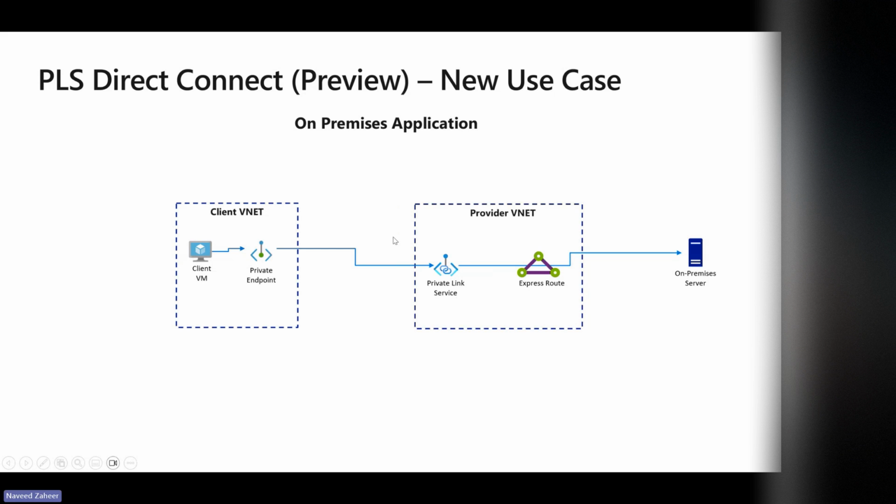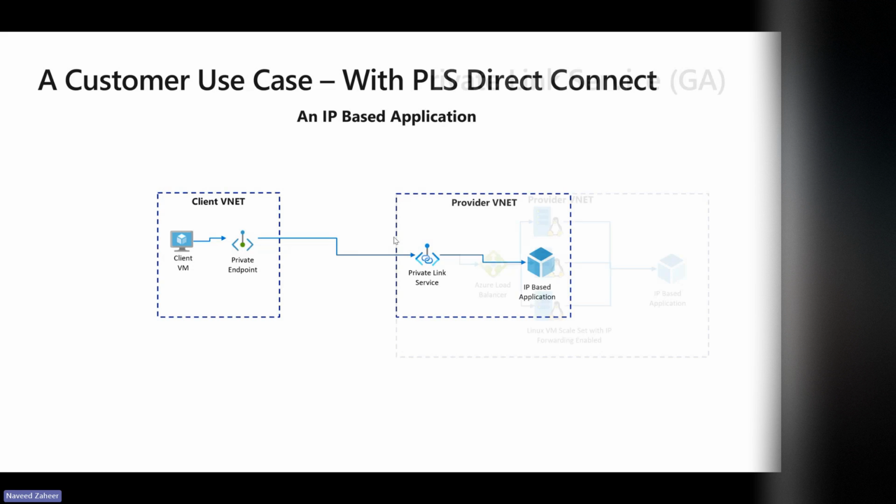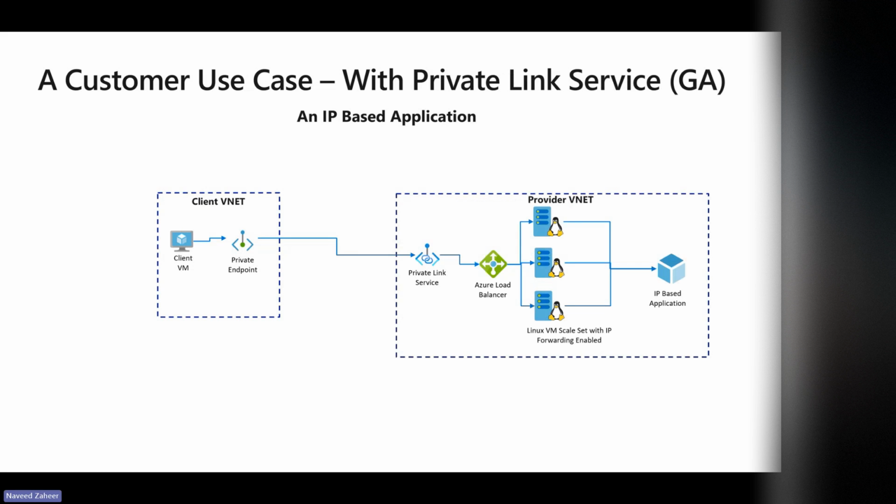Okay, so that's that. And I want to talk about a practical scenario. This was a scenario with a customer where we have an IP-based application. Prior to PLS Direct Connect, the way we exposed that application over a PLS is we created a VM scale set with a load balancer. It's a Linux VM scale set where the only thing the VMs are doing is forwarding.